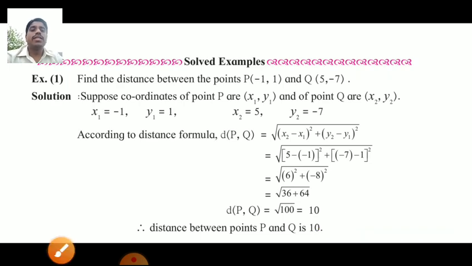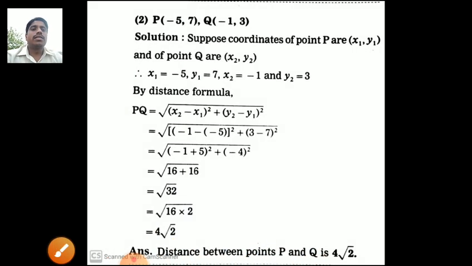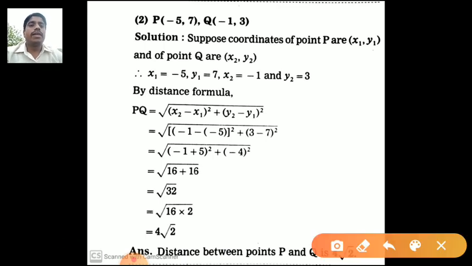In this way we see another example. Suppose the coordinates of point P are (-5, 7) and the coordinates of Q are (-1, 3). We can get the solution.